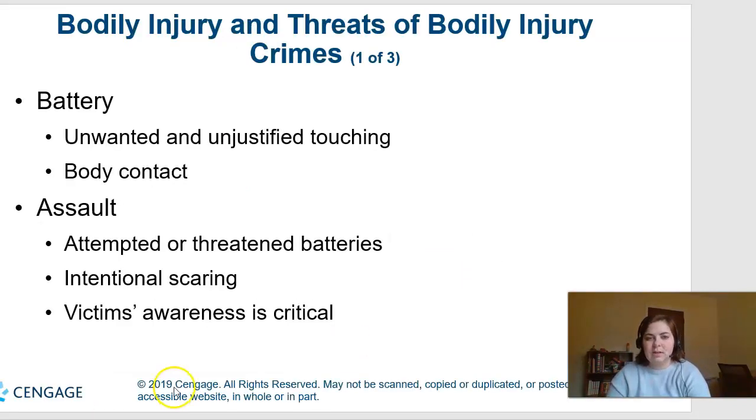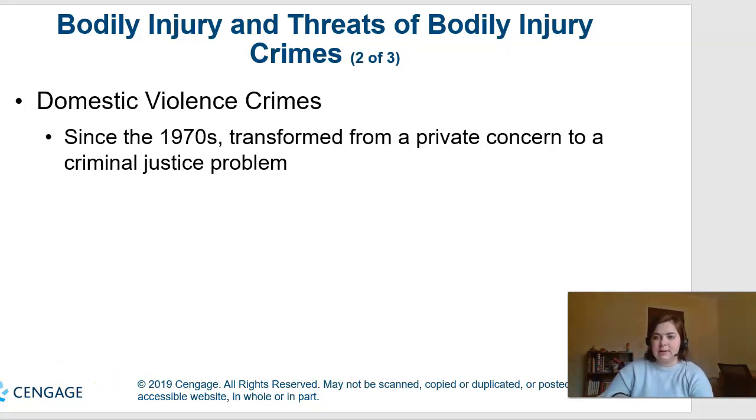Now most modern statutes do collapse batteries into assault, and we just define them that way. So that's usually how we talk about it now. All right, domestic violence. In the 1970s, domestic violence transformed from kind of an at-home problem to a criminal justice problem, and so we see that in our criminal justice system a lot.